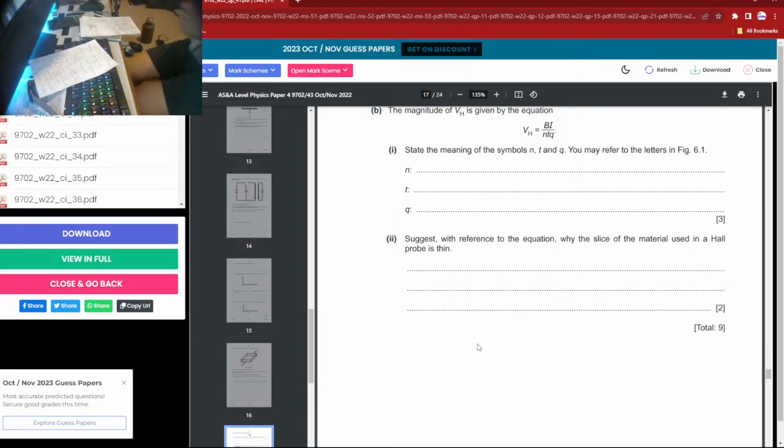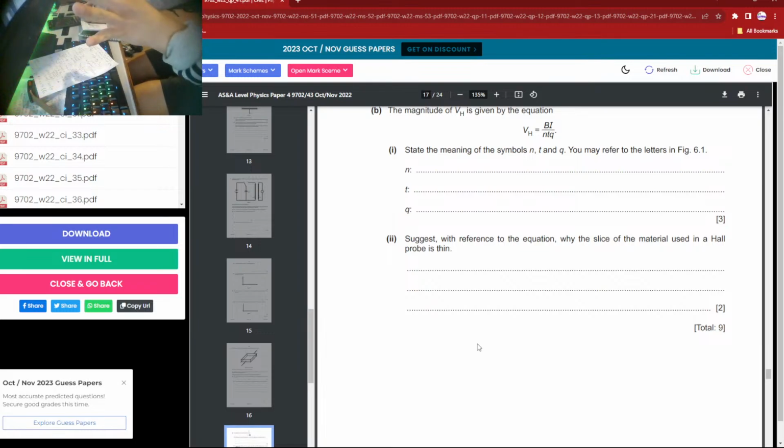Okay, number 2. Suggest with reference to the equation why the slice of material used in the Hall probe is thin. So from N just now, it's not the number density of charged particles, it's just the number density of particles. As it's thinner, the volume is decreased.